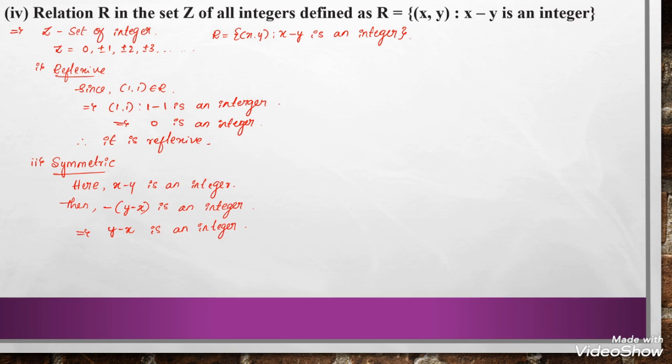So I can write: if x comma y belongs to R, then y comma x belongs to R for every x comma y belonging to the set Z, the set of integers. Both x and y are in the set of integers. Therefore, it is symmetric.